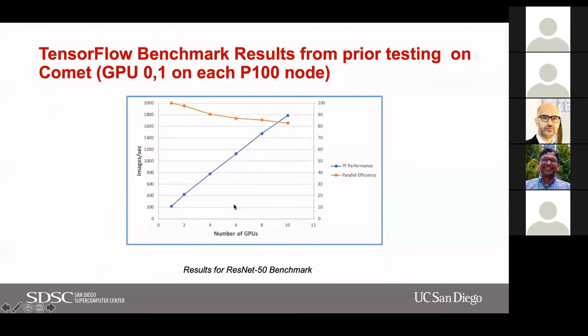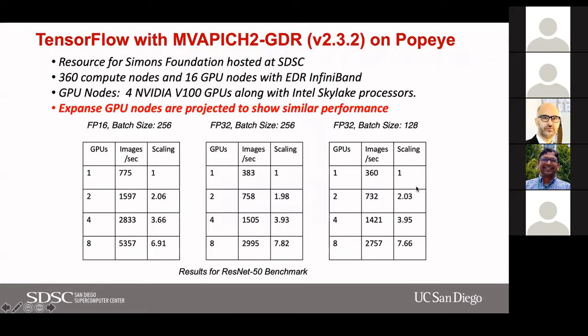And you can see on the P100 nodes, if I just pick the GPUs that are on the network side, you get pretty good parallel efficiency and scaling out to several nodes. I think this was a 5-node test. And I've actually tested this with V100s on a different system that's hosted at SDSC.